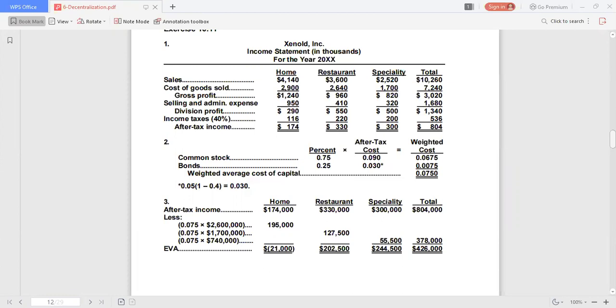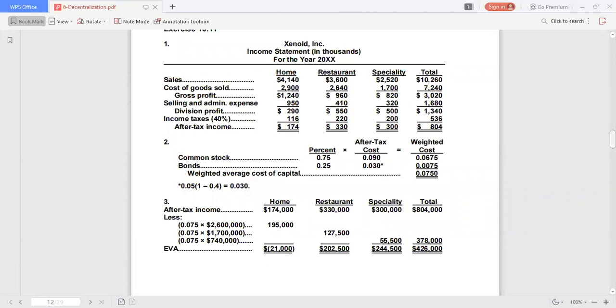Total capital employed is 5.04 million, 2.6 for the home division, 1.7 for restaurant, and the remainder for specialty division. Now, the after-tax cost, if you have the tax rate equal to 40%, so you now get the weighted cost and the weighted average cost of capital.